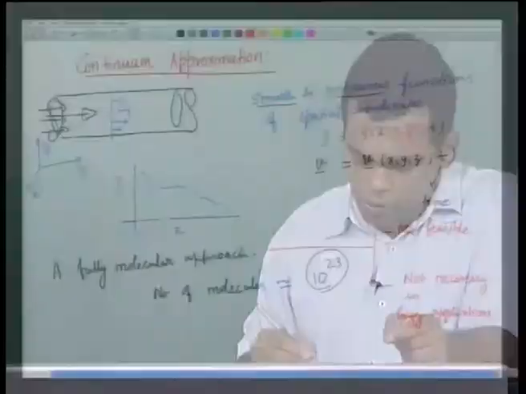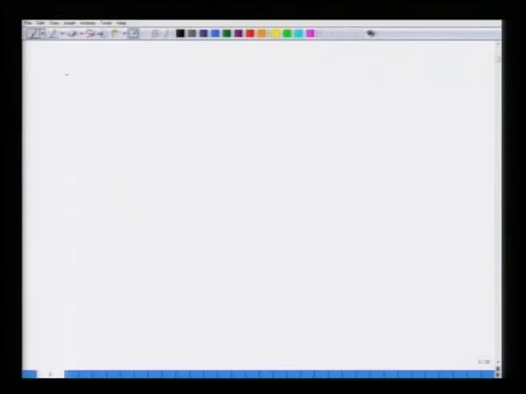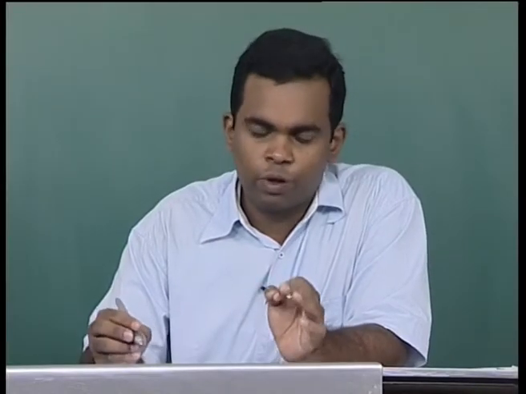So, how do we go about doing that? Let us take again this case of a pipe flow. You have this pipe, which is very commonly encountered in chemical industry. Suppose we are interested in defining the velocity and density of the fluid at each and every point in the pipe.